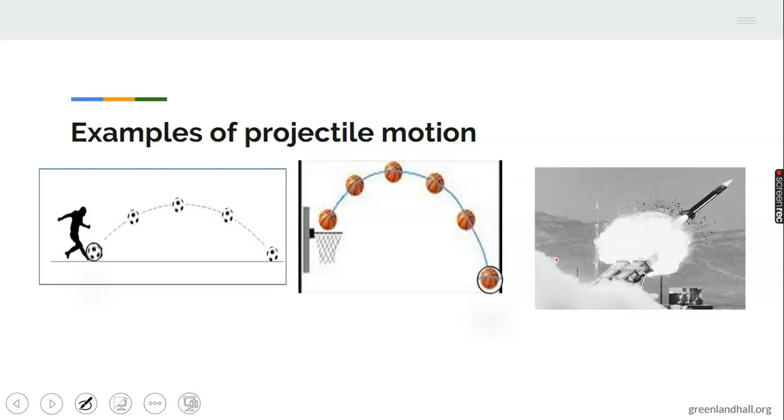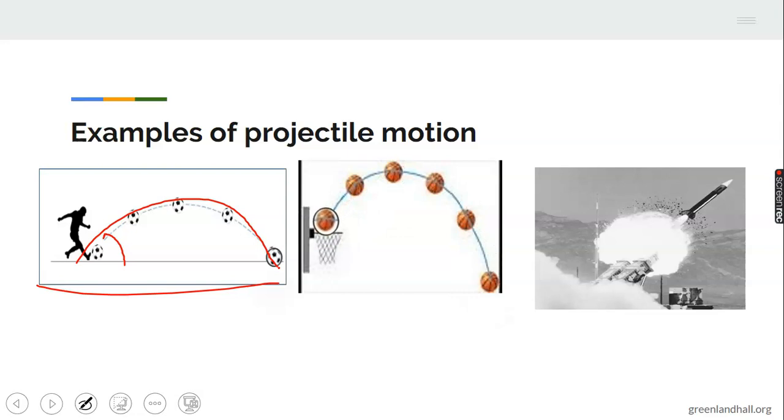Now, look at the first example that we'll be looking at here. This is what a projectile looks like. When a player kicks a ball at a particular angle, it moves in a parabolic path. Now, look at the second one.